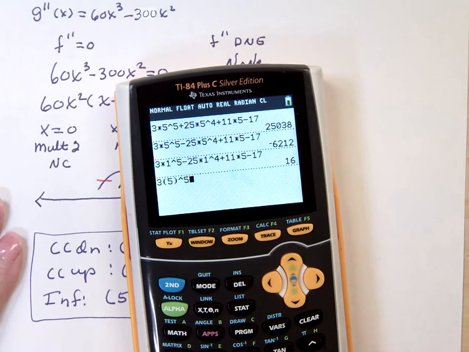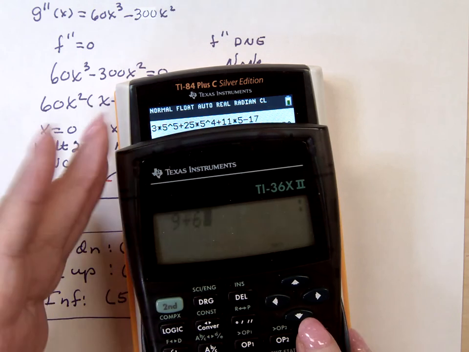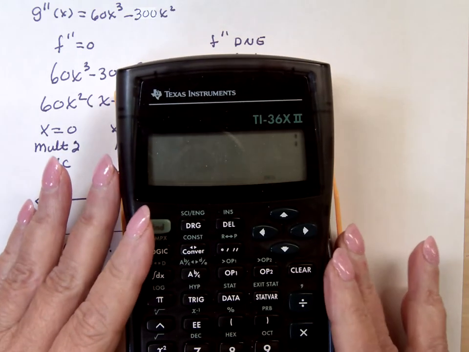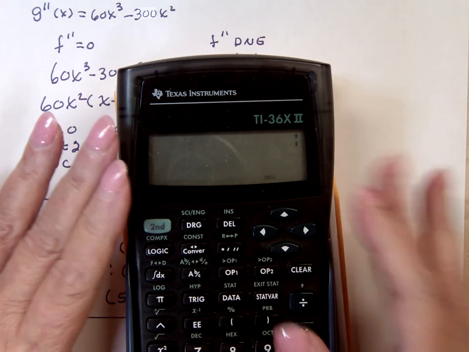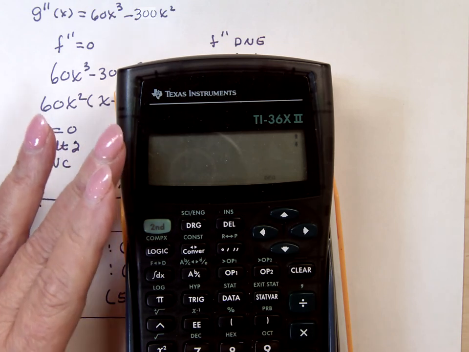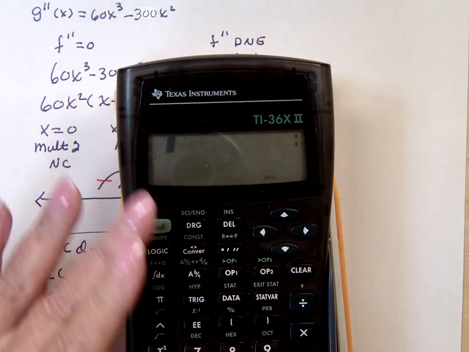Okay. Now, if you're on the little guy, he has a buffer as well, and I know this is harder to see, and since I'm videoing, I can't change the brightness. And so once I'm there, I don't think it will let me change anything.